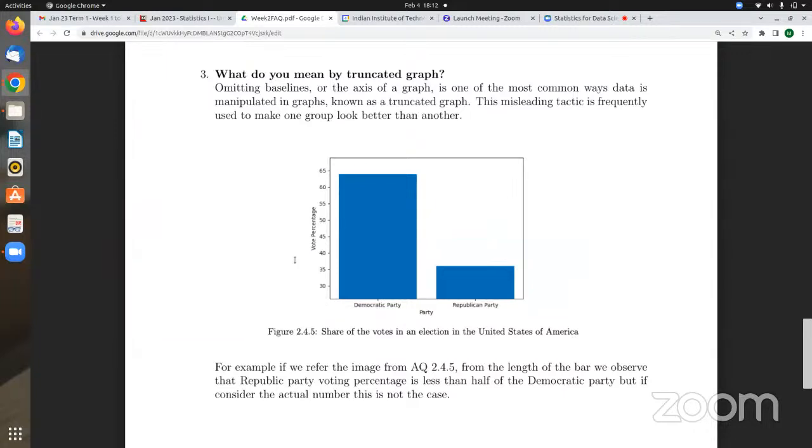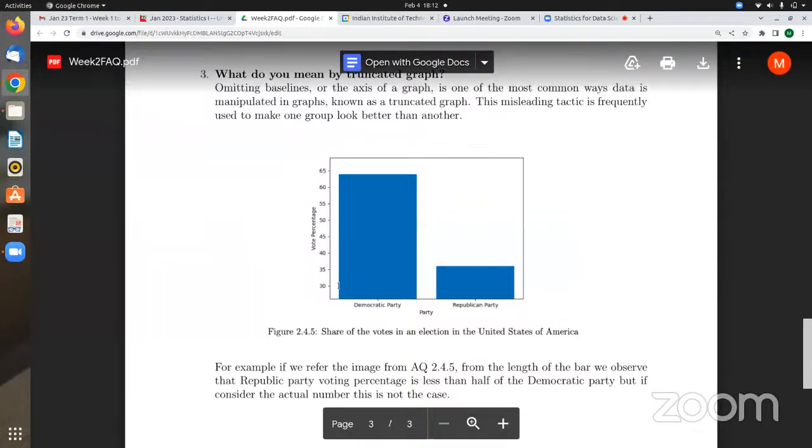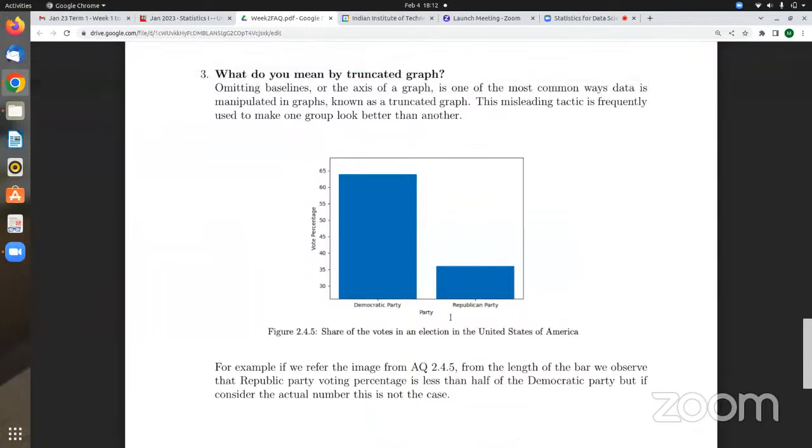Since it does not start from zero, this height looks much greater than the Republican Party's. So missing baseline means the y-axis does not start with zero.